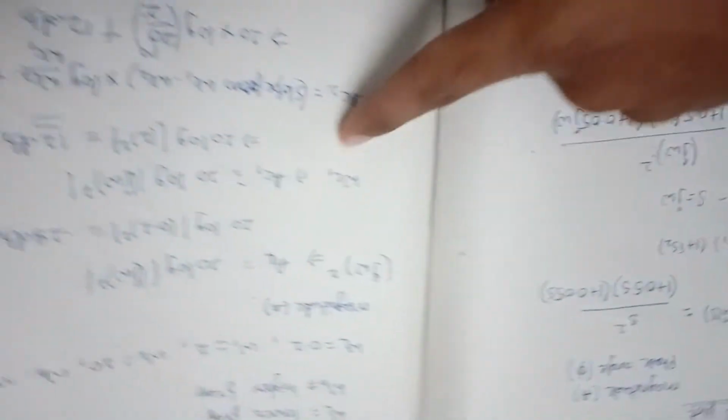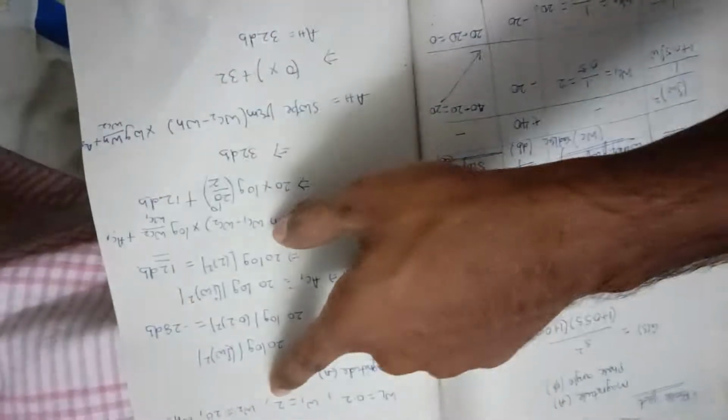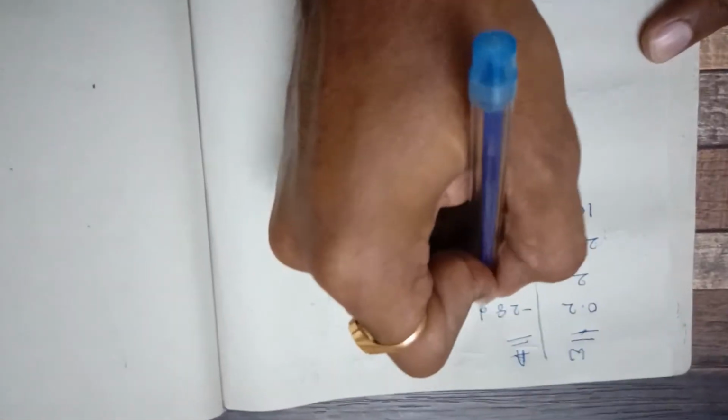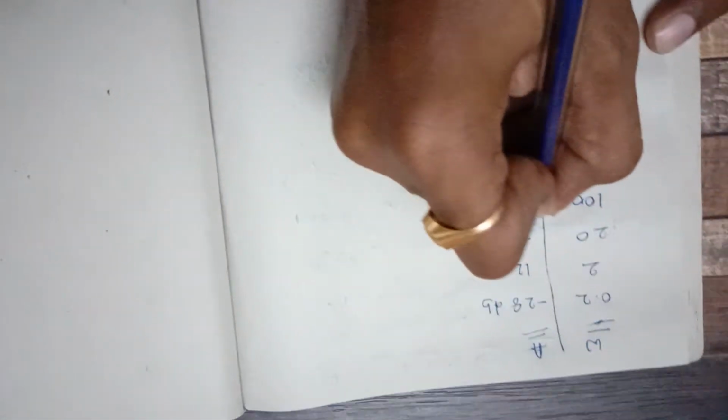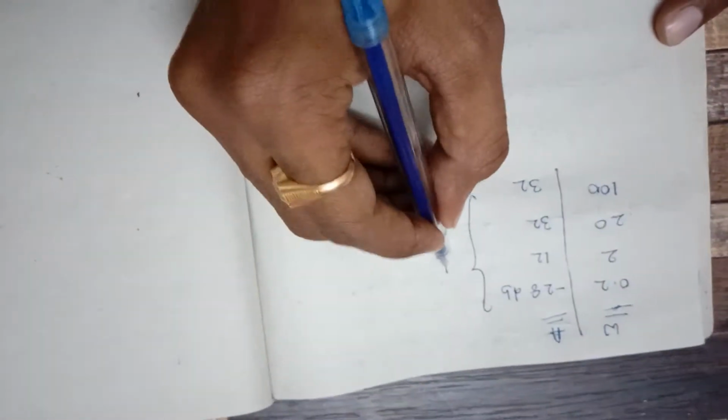I have taken, please go back through my previous ones, 2, 20 and 100, and what we have got is minus 28 dB, and this is 12, and this is 32, and this is 32. These are nothing but the magnitudes.